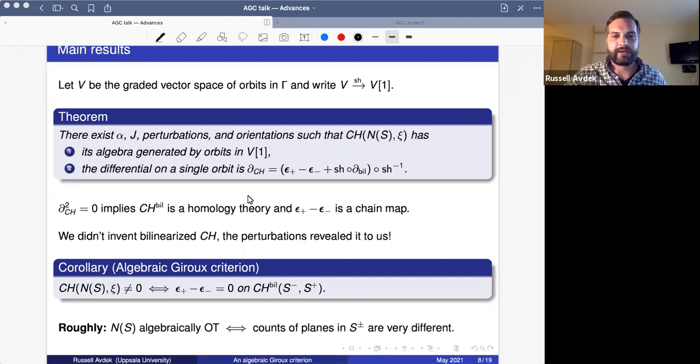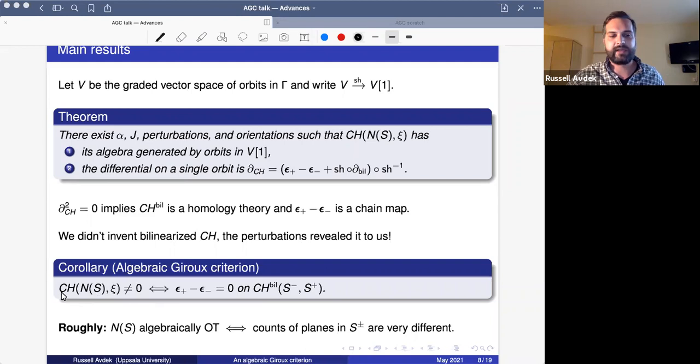And so, given that we have this computation, the differential is very nice. We can exactly tell when the contact homology of our convex hypersurface is 0 or non-zero, and that's our algebraic Giroux criterion.